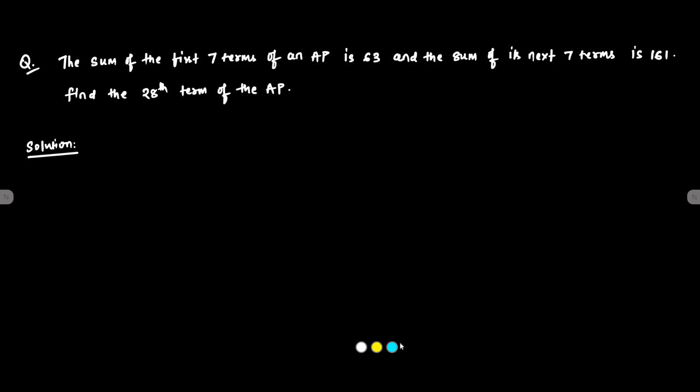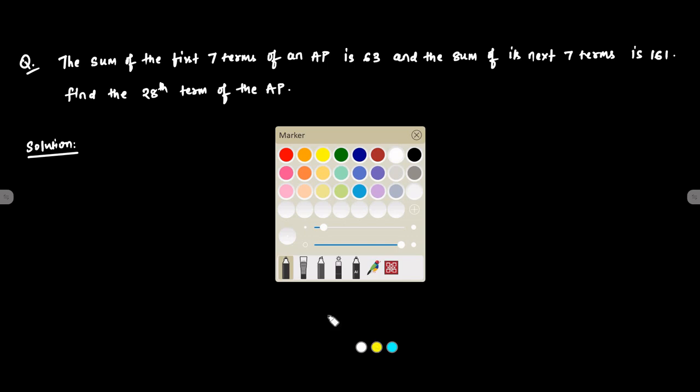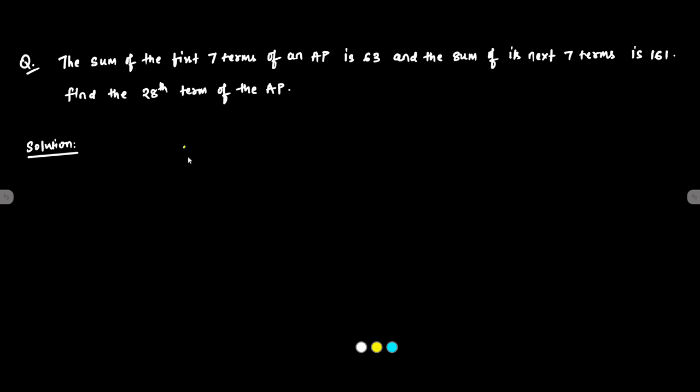Okay. So here we have the arithmetic progression where we have a total of 14 terms. Let's say T1 to T7, and the next 7 terms, T8 to T14.